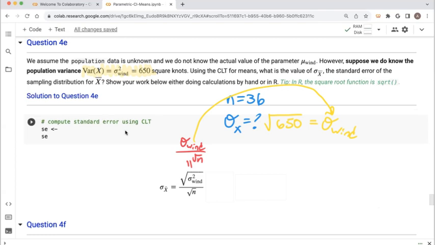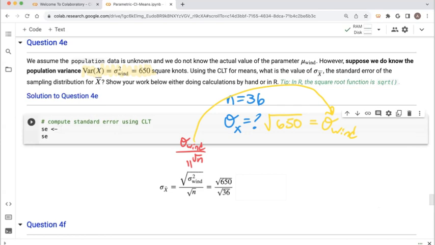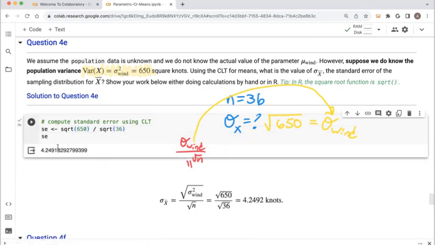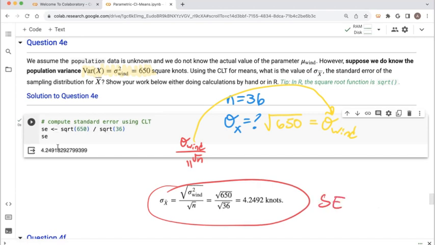And calculating this, we can use R. We could say the square root of 650 divided by the square root of 36. And this gives us an output of 4.2492 knots.